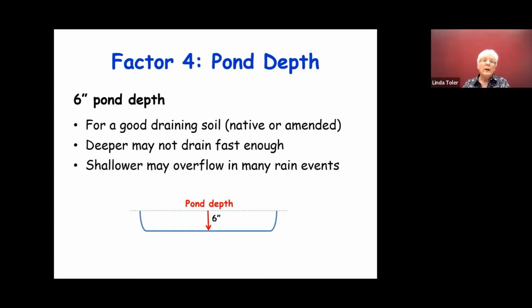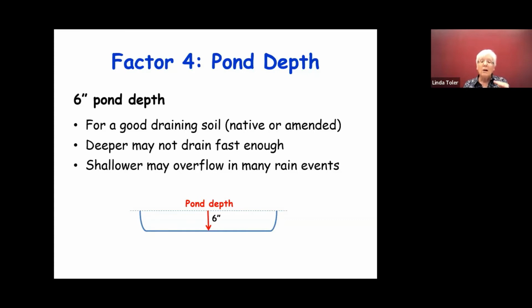So we have one more assumption that we need to make in order to calculate that value, and that is how deep do we need to make that shallow ponding area that will be collecting the runoff? And for around here, for pretty good draining soil, whether it's native or we add amendments to make it better draining, 6 inches is a good ponding depth.